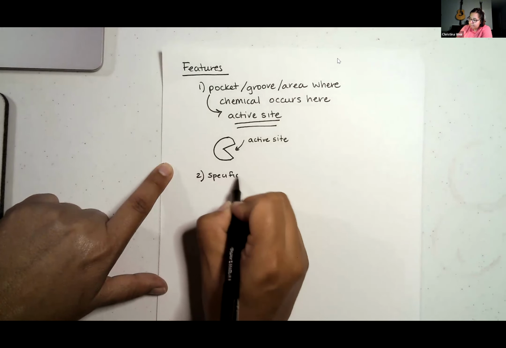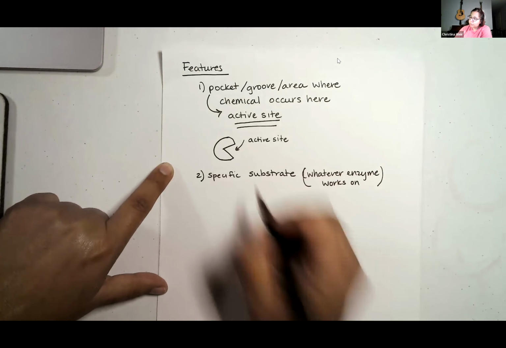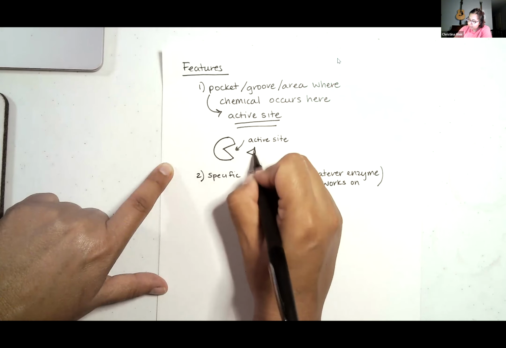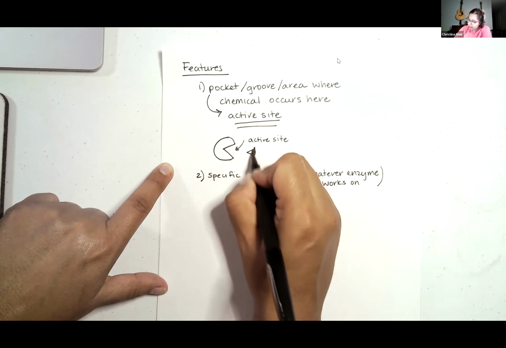And a substrate is whatever the enzyme works on. So let's say this wedge here is what my enzyme is actually going to work on. So this is our substrate.